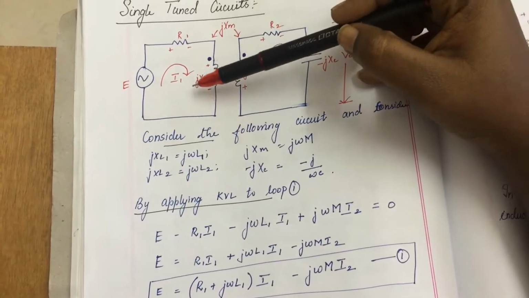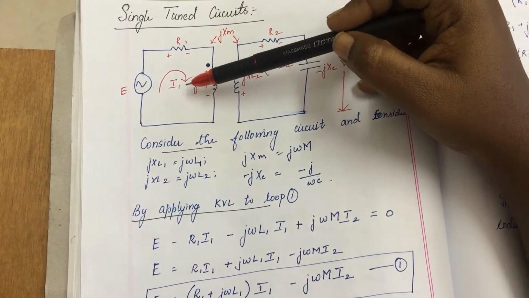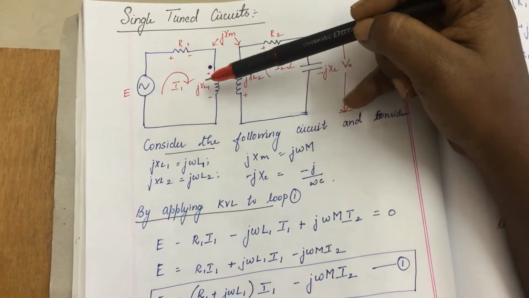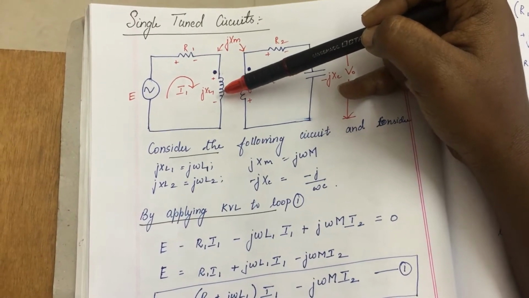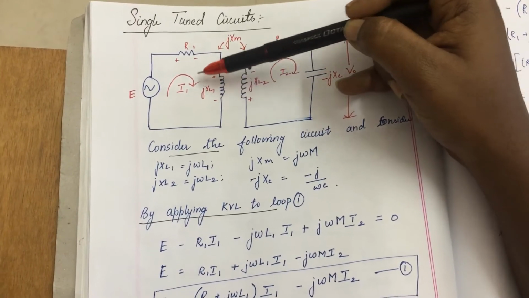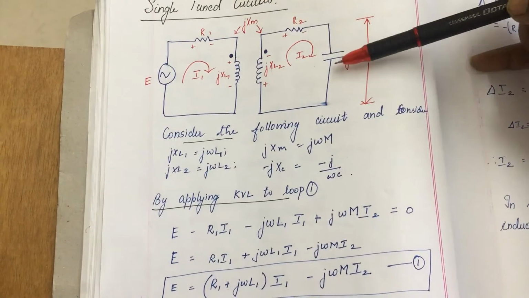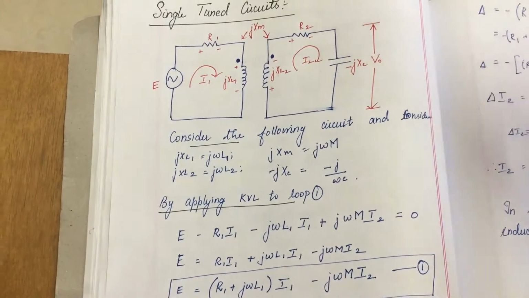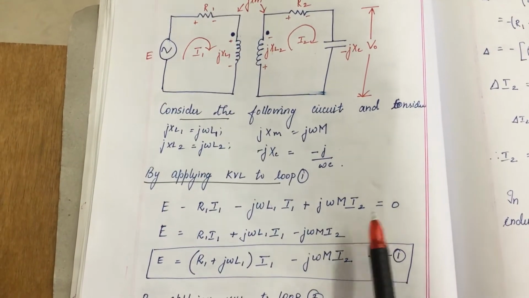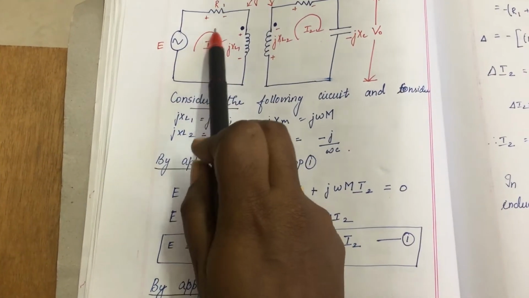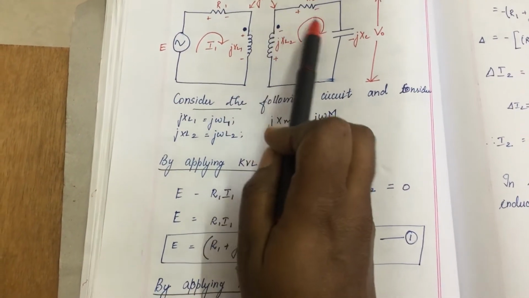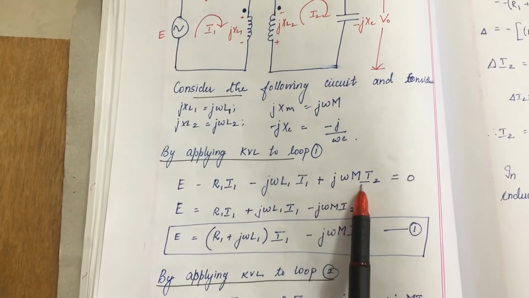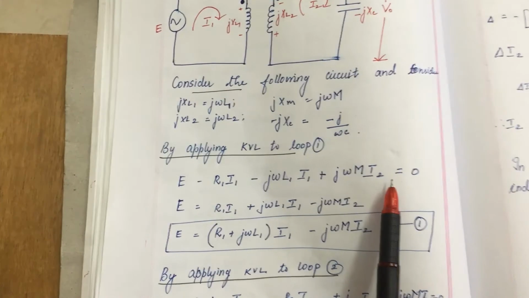By applying KVL to loop 1, E is equal to R1 I1 plus jωL1 I1 minus jωM I2 is equal to 0. Since current is entering one dot and leaving through the other, using the dot rule we take opposite signs for L and M, and you obtain the KVL equation like this.